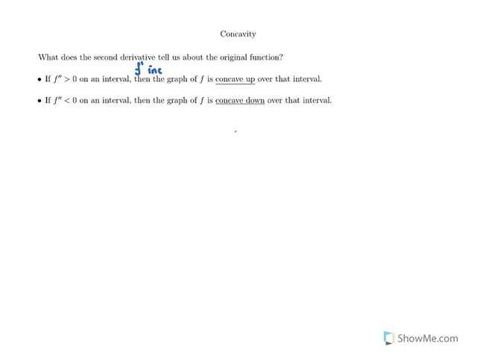Likewise, if f double prime is less than 0, then we know that f prime is decreasing, and then the graph of f is going to be concave down over that interval. So there are four kinds of graphs that we're going to look at for this.